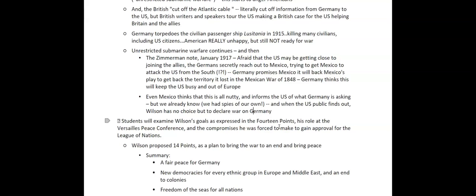Afraid the U.S. may be doing that, the Germans secretly reach out to Mexico, trying to get Mexico to attack the U.S. from the south. Germany promises Mexico it will back Mexico's play to get back the territory it lost in the Mexican War of 1848.